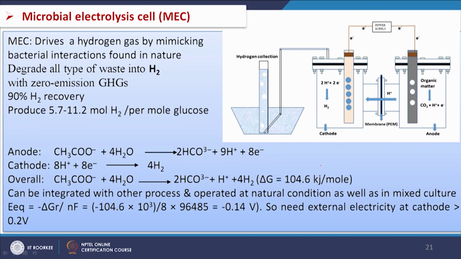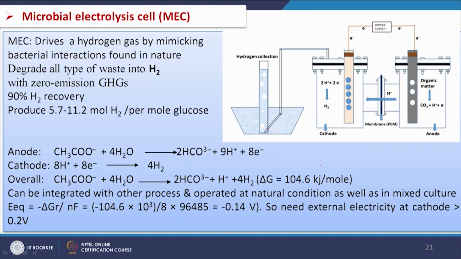So, when MFC is developed, we see that H plus, O2 plus electron is giving H2O. That reaction can be changed if we apply some external voltage at the cathode.